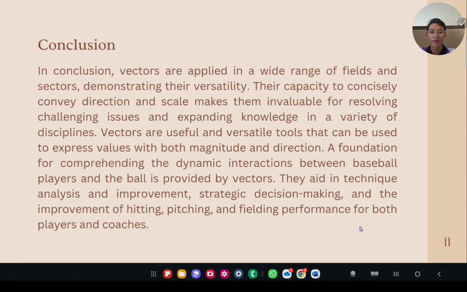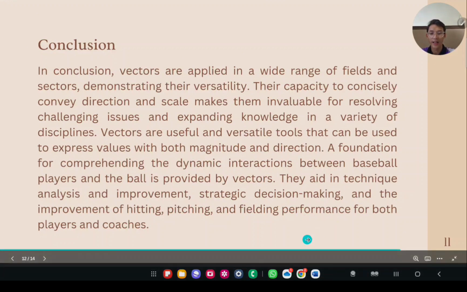Vectors are useful and versatile tools that can be used to express value with both magnitude and direction. A foundation for comprehending the dynamic interaction between baseball players and the ball is provided by vectors.